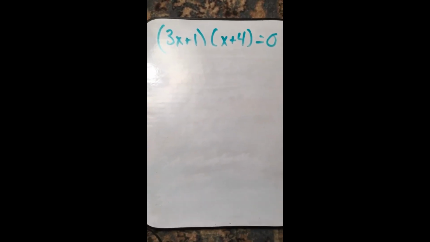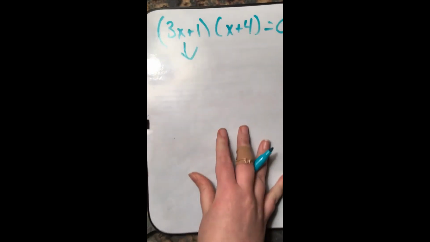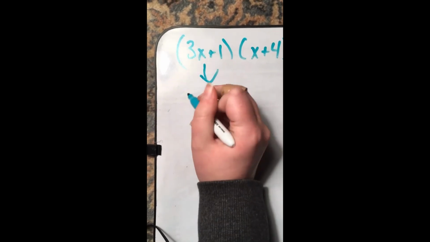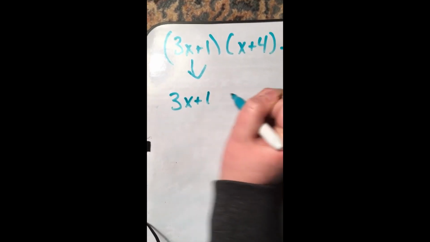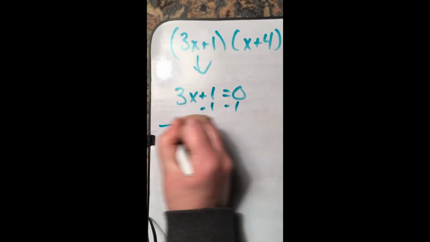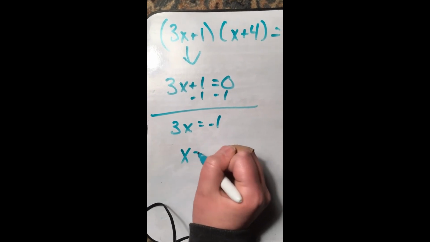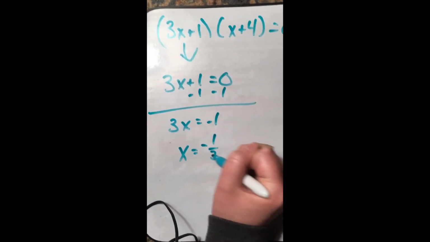Alright, so now we will have to solve for x. So we're going to get two numbers here. So let's solve this one first. 3x plus 1 equals 0. 3x equals negative 1. X equals negative 1/3.